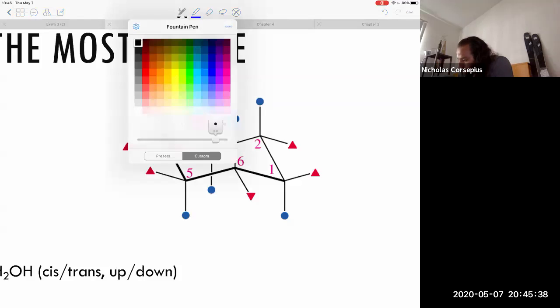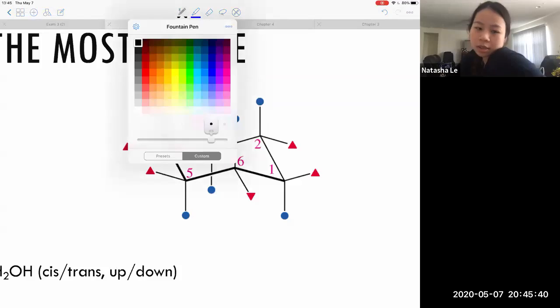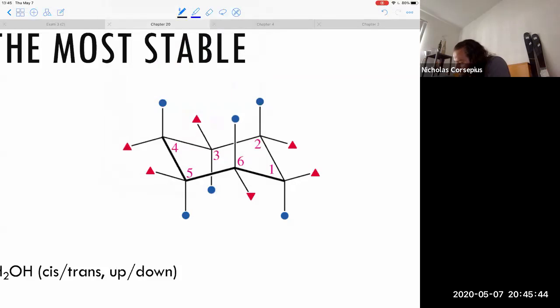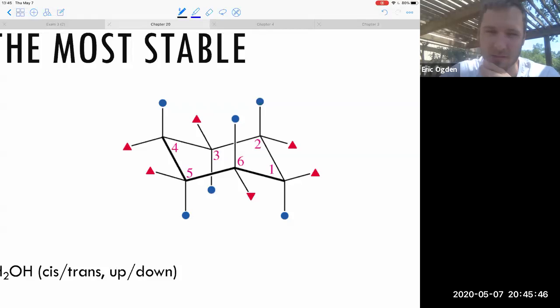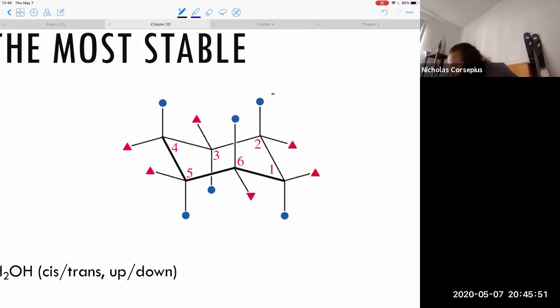Does anybody remember what we called these? Equatorial and axial. Yeah, so which ones are the circles? Those are axial. Right, so if they're pointed either straight up or straight down, those are your axial positions. If they're pointed out, those are going to be your equatorial positions.